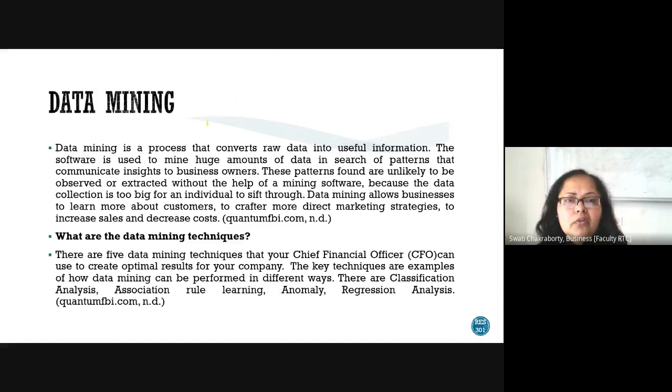The next type of secondary data collection tool is data mining, which is a process that converts raw data into useful information. Software is used to mine huge amounts of data in search of patterns that communicate insights to business owners. These are unlikely to be observed or extracted without the help of mining software.